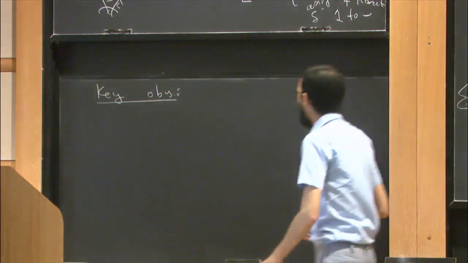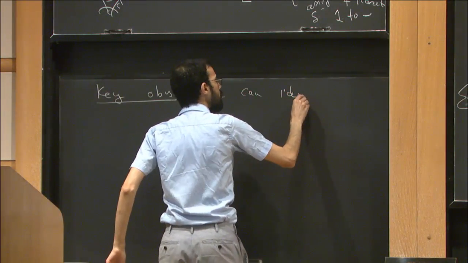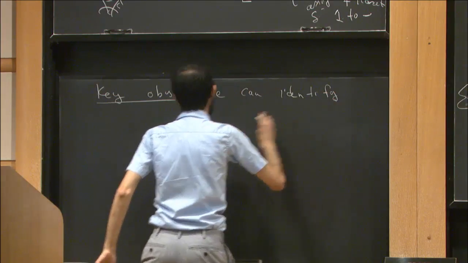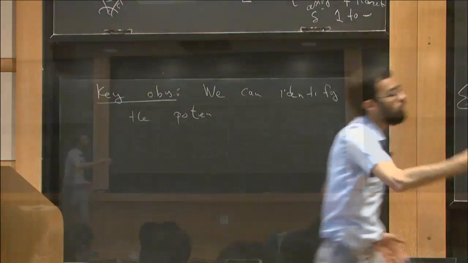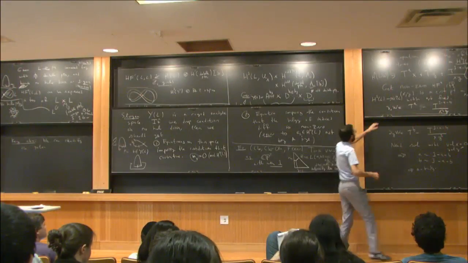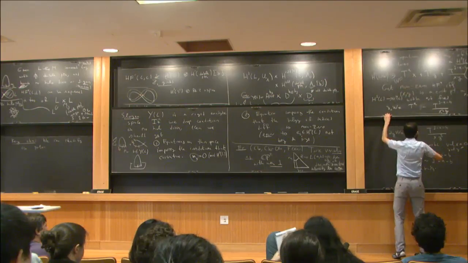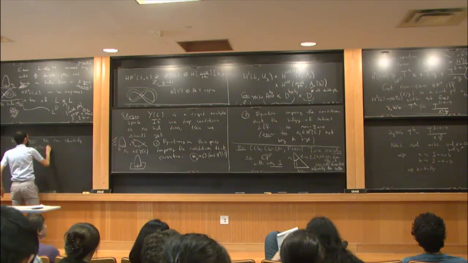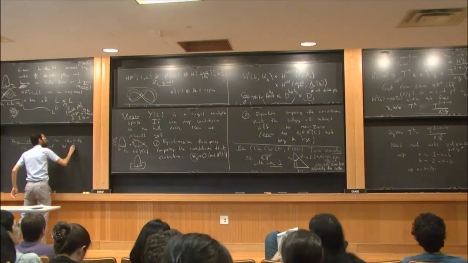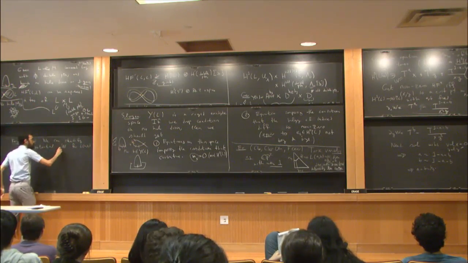So we can identify the potential, or the potential is that function. So let me just write W, W for L_AB.